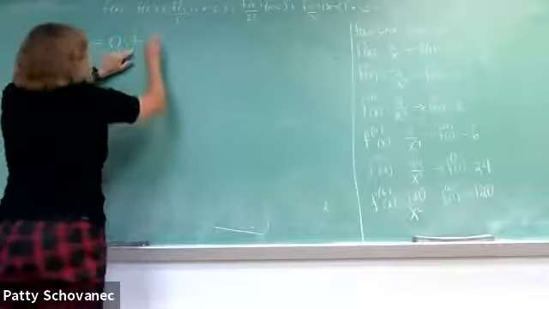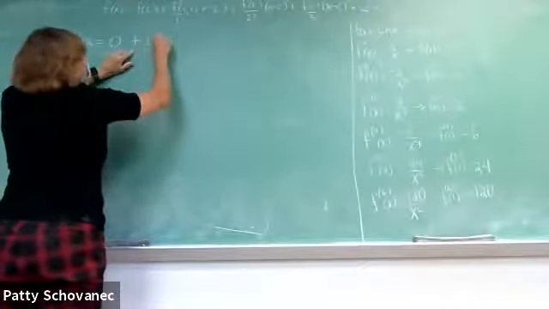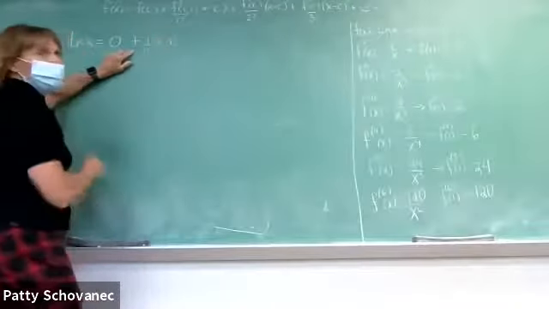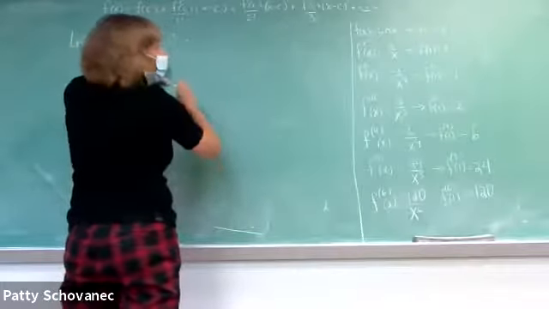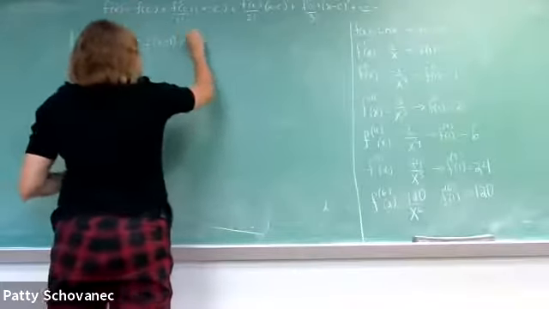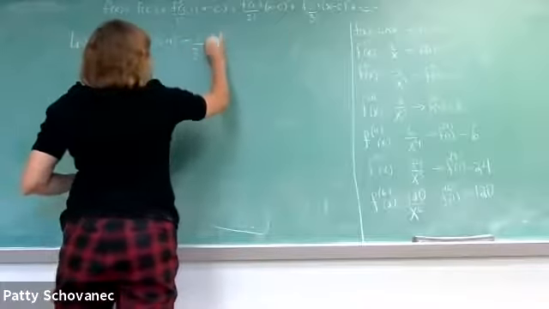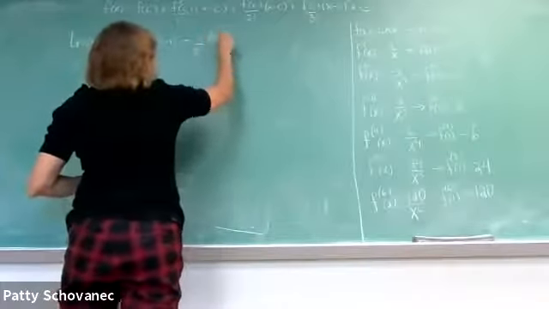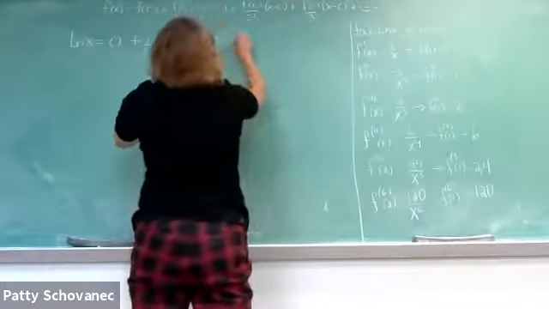F prime of 1 was 1, over 1 factorial, times x minus 1. F double prime of c was negative 1, so I'm going to put a minus here. The next one's going to be a positive 2.